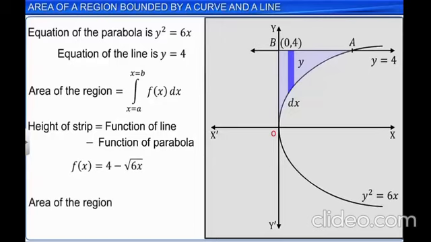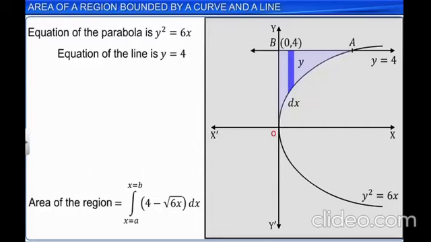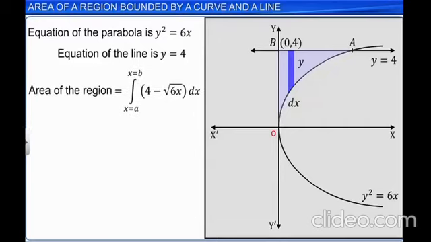Now, let's determine the limits of this integral. To cover the shaded region, the strip starts from the y-axis and moves till point A. On the y-axis, x = 0, so the lower limit is x = 0. The upper limit is the x-coordinate of the point of intersection of the line y = 4 and the parabola.